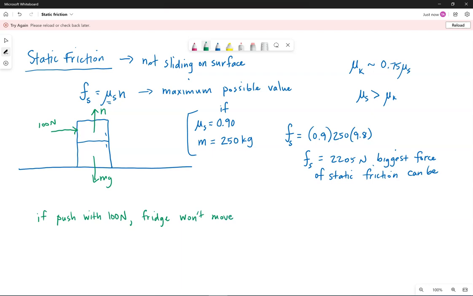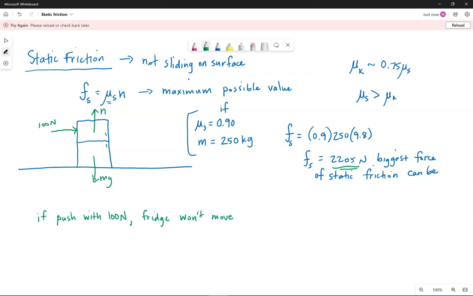To get the fridge to move, we have to push with a force just greater than this 2,205 newtons. That 2,205 newtons is the biggest the static friction force will be. So if I push with a force less than that, the fridge won't move.